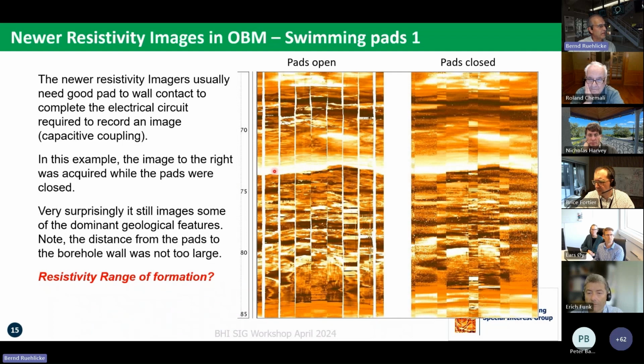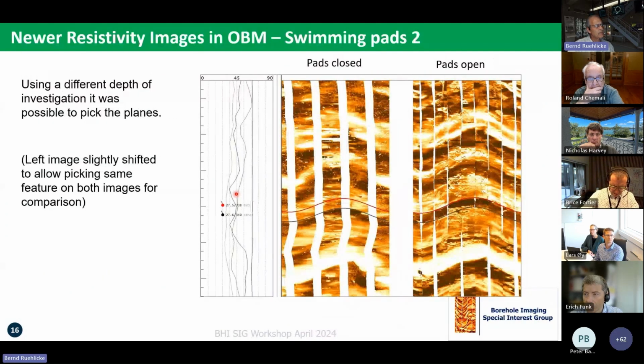And it's very interesting that in this case, the resistivity of the rock was actually quite low. For me, it was quite surprising that this worked at all, because just following the physics of the tool, it should not really read rock at this time. But it does.